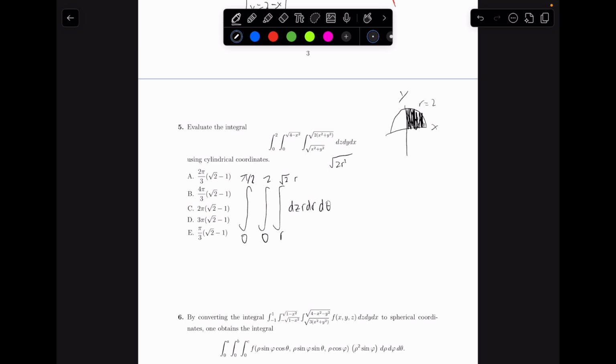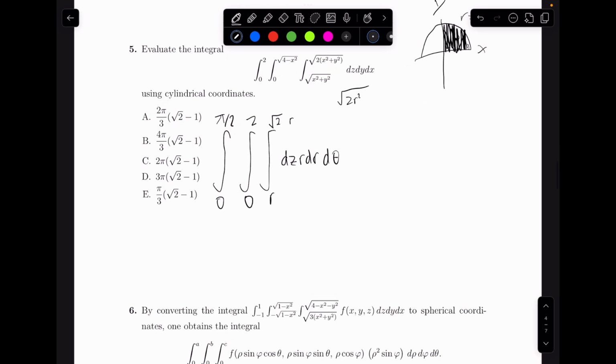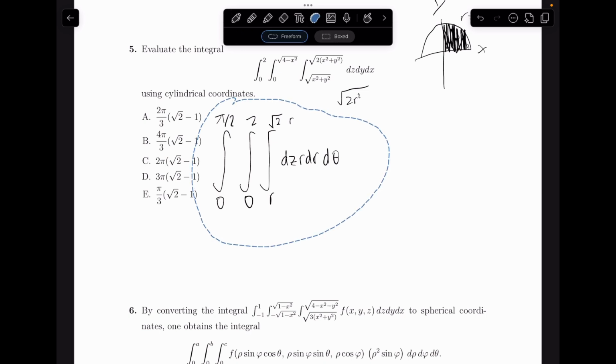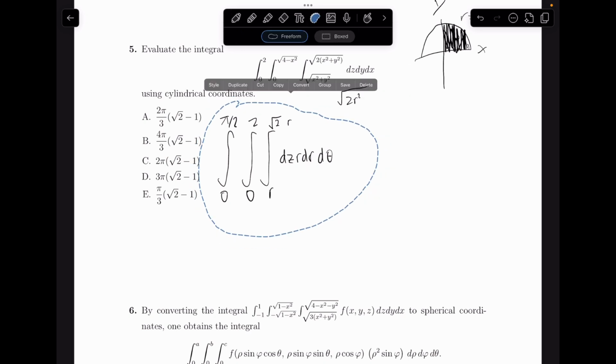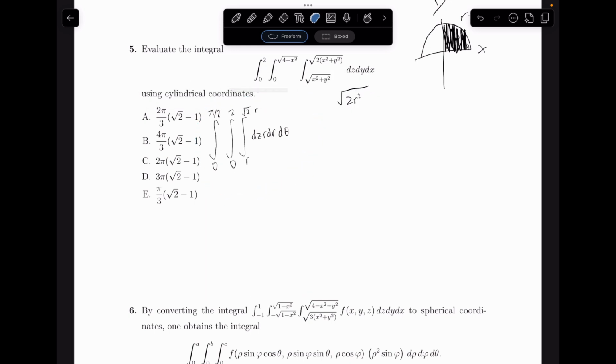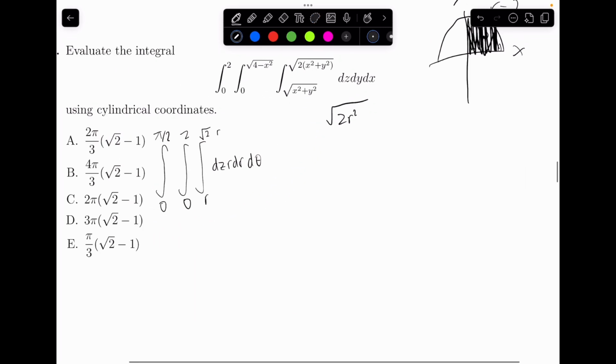Okay. So our integral, I think the hard part is just evaluating it really, because it wasn't too hard to find the bounds. But let's see, I want to make this smaller. Oh, look at that. All right. So I see one thing. Theta is not dependent on any of the internal components or the bounds. So we can just take out that pi over 2 and multiply by that at the end.